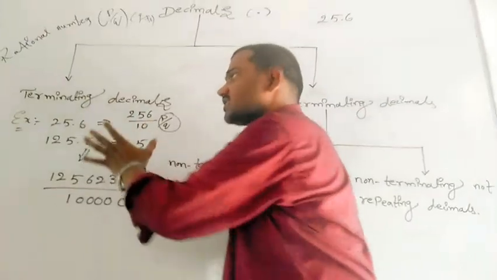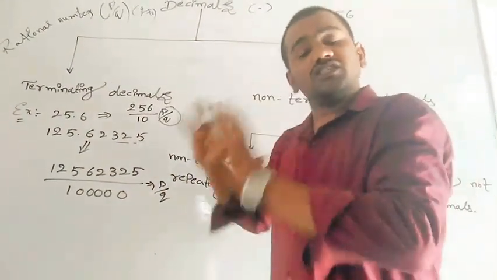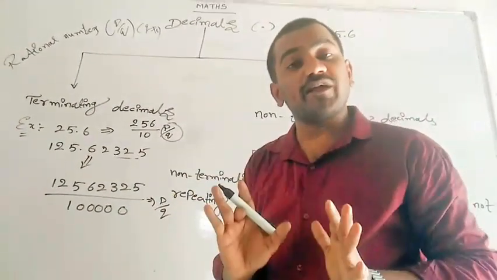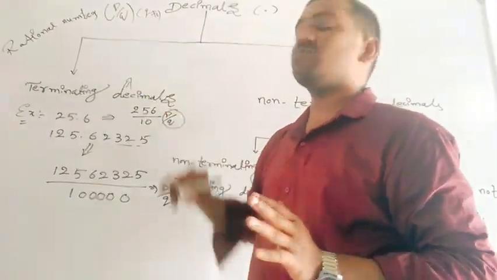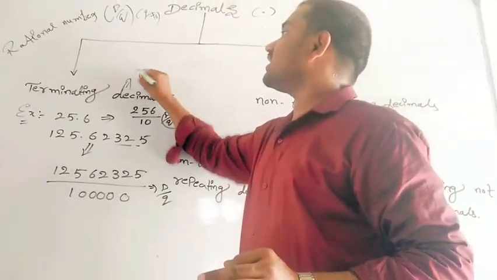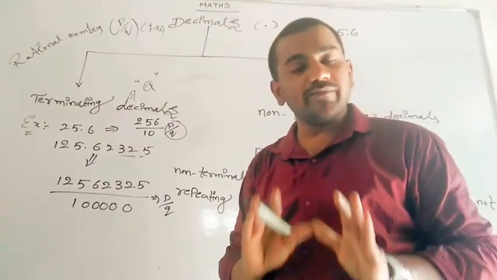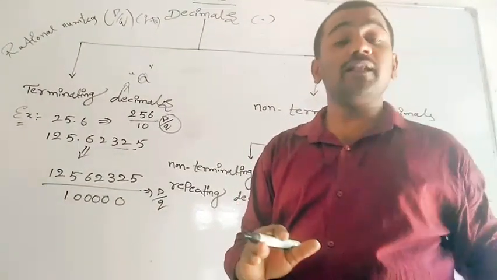Here, all these terminating decimal numbers can be expressed in the form of p by q. So we can consider these terminating decimal numbers as rational numbers. All terminating decimal numbers are rational numbers.